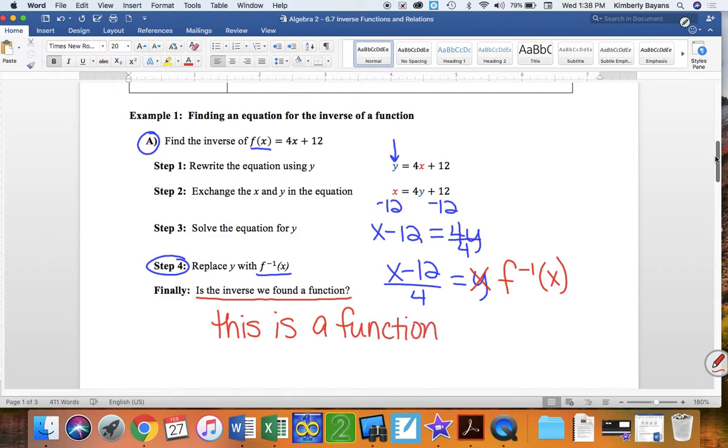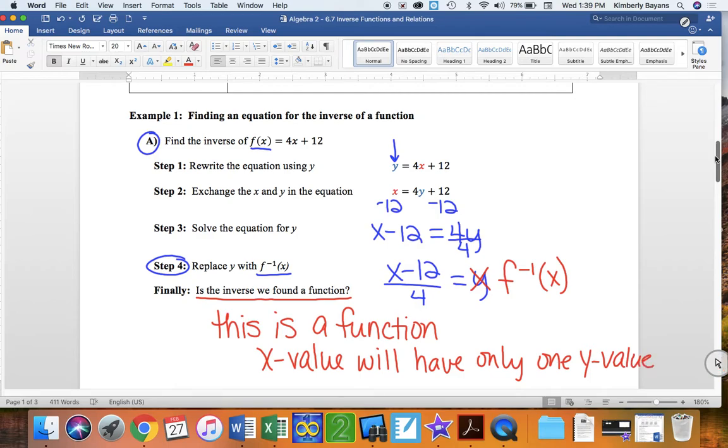I'm going to be able to substitute in, and every x value will have only one y value. That's the definition of a function. You're going to be asked that later, and we'll go through these as we go. Hopefully that makes sense. One and only one y value.